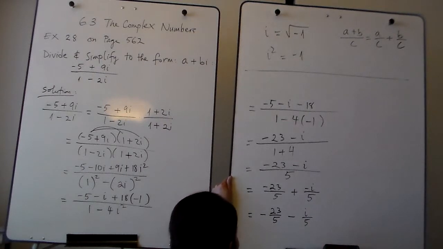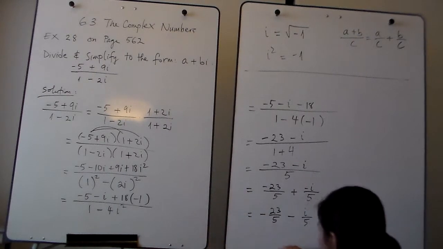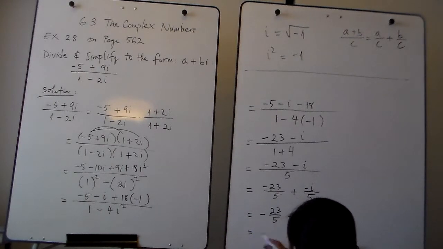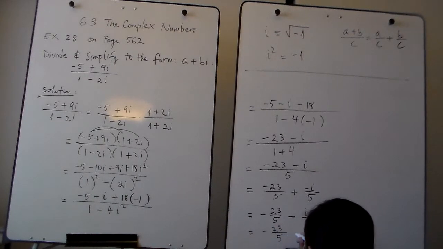Okay? You can leave the answer like this, but it's better to write the answer with i to the right. So I will say negative 23 divided by 5 minus 1 over 5 times i.